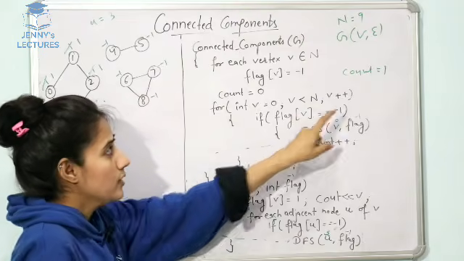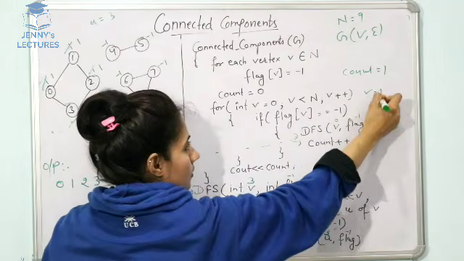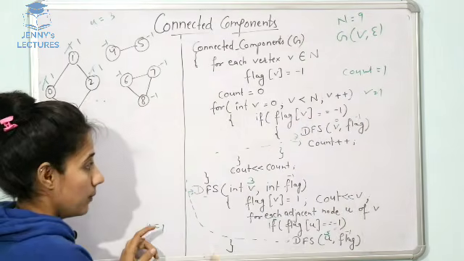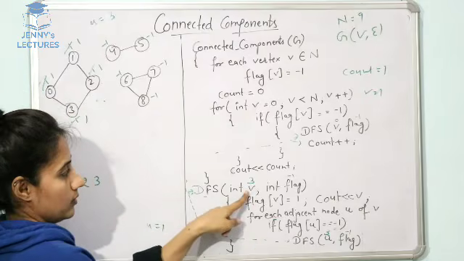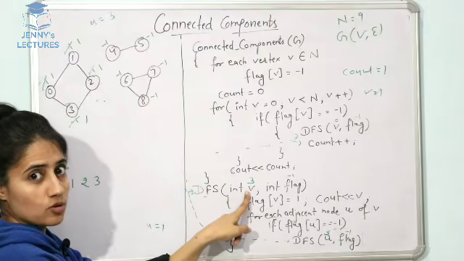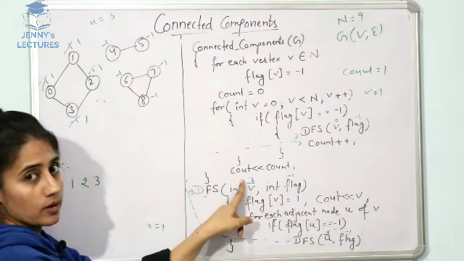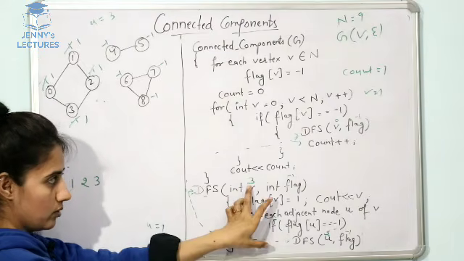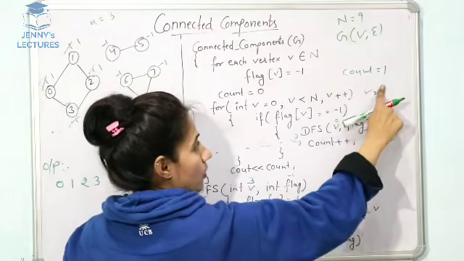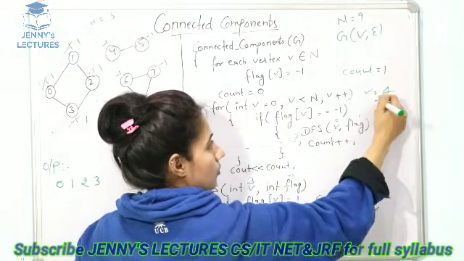So you cannot say that v would be 1. Why so? Because v is already 3. V has already been updated, v has reached node 3 from this function only. Now v would become 4.